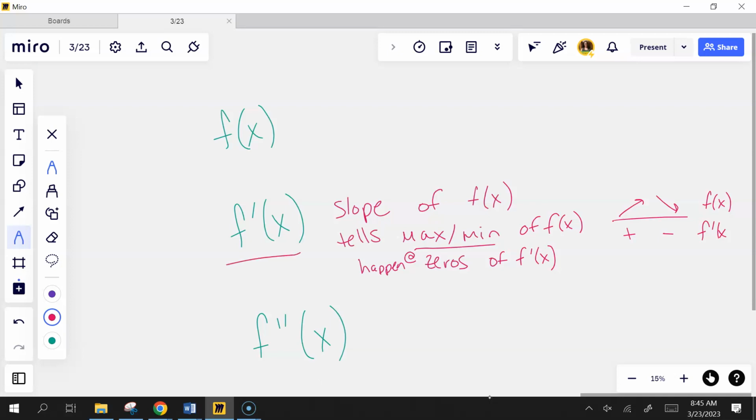So if I look at where this crosses the x-axis, it'll tell me possible maxes and mins of the function.